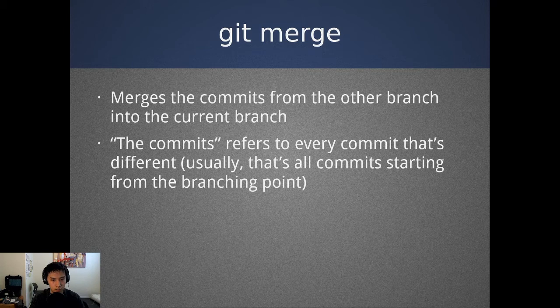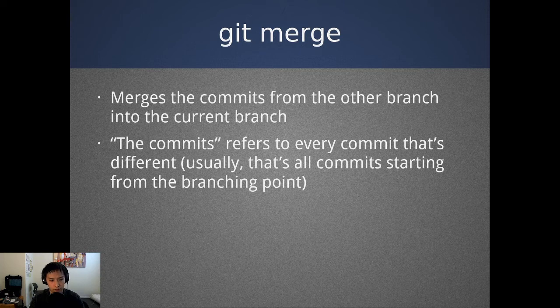To get the changes from the latest branch into the release branch, I would say git merge latest while I'm on the release branch. So I would first say git checkout release, and then git merge latest, and that would merge the changes from latest into release.